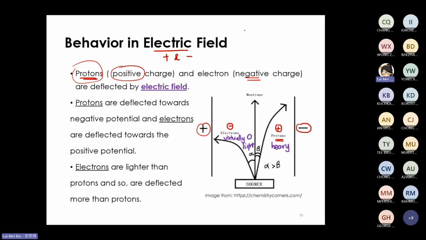Okay, just imagine a very thin tree, a very light tree. You push it, it will just bend and maybe break. All right, that is why electron, being very, very light, will be deflected more. Meanwhile, proton, a bit heavy, will be deflected less. Okay, so you can see the angle of deflection for electron will be larger than the proton because electron is lighter.